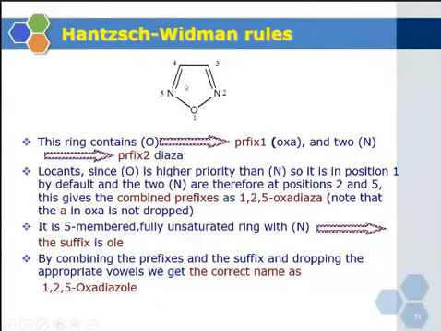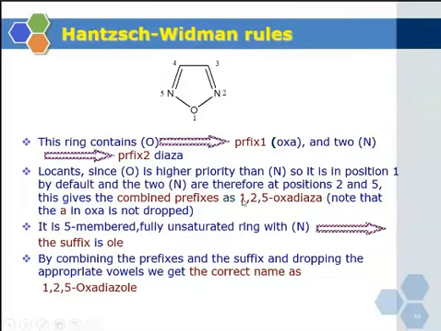Next, we have to give the position number or numbering of the ring. Numbering as per the priority list should start with oxygen as position number 1, and we have to move like this. So position numbers 2 and 5 are given to the two nitrogen atoms or aza atoms, whereas position number 1 is occupied by oxa.